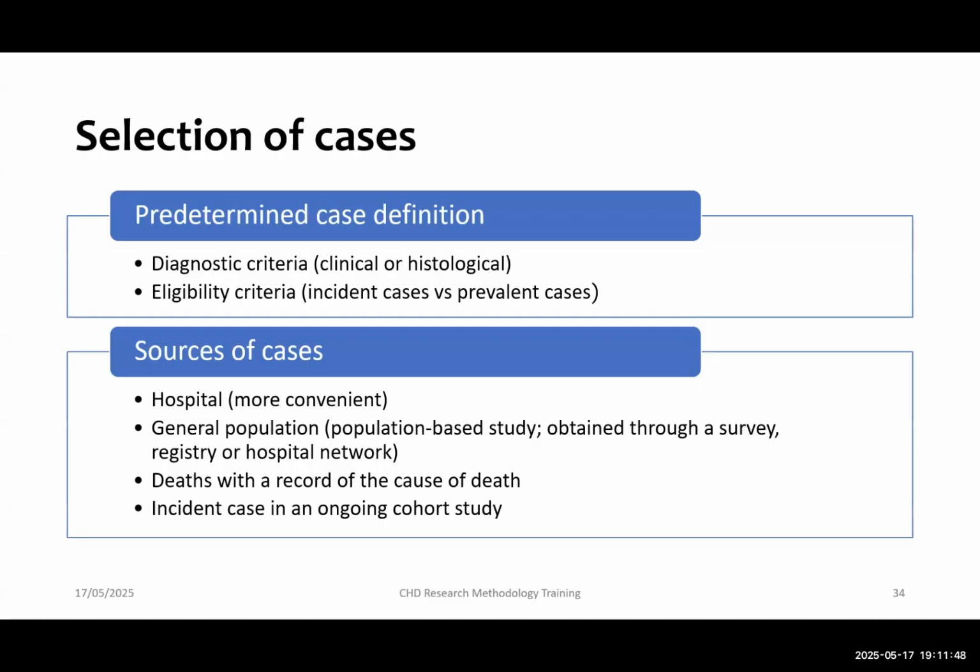Basically, you have to decide whether you want to use newly diagnosed persons, those are the incident cases, or prevalent cases, which include both old and new. Your inclusion and exclusion criteria must be clearly spelled out or clearly defined, because this will improve the validity of your results. If you don't spell it out, the validity of your results might be affected.